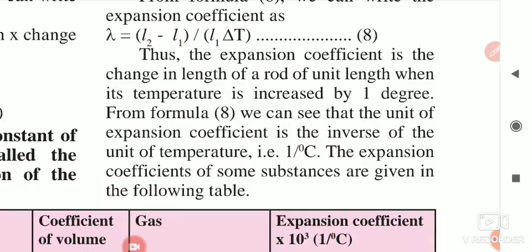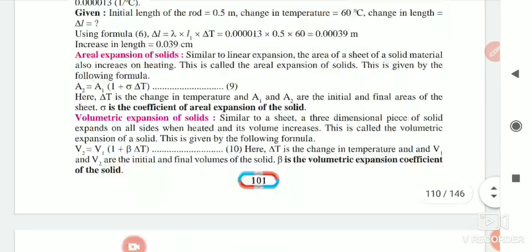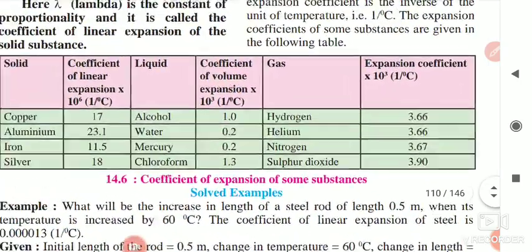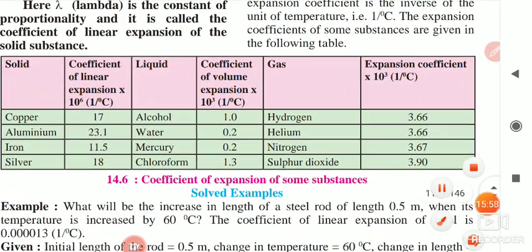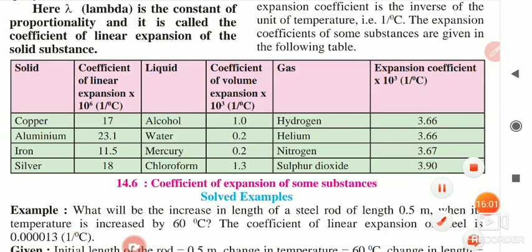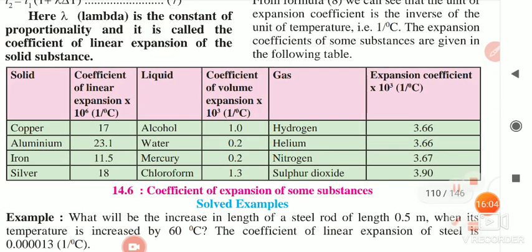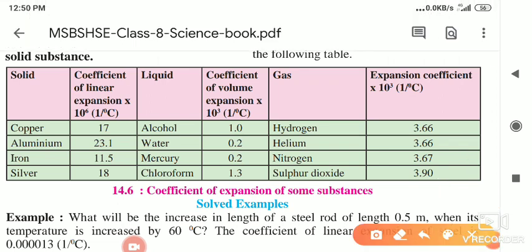The expansion coefficients of some substances are given in the following table. Copper's expansion coefficient is 17, aluminum 23.1, iron 11.5, silver 18, alcohol 1, water 0.2, mercury 0.2, chloroform 1.3, hydrogen 3.66, helium 3.66, nitrogen 3.67, and sulfur dioxide SO2 is 3.90.